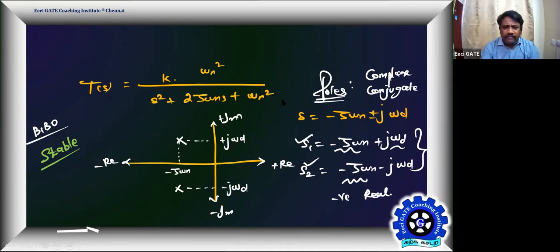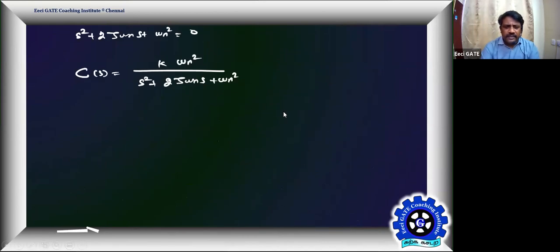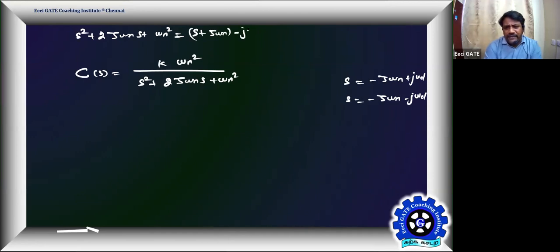Shall I write this in pole factor form? Equated to 0 gives two poles. The two poles are s equal to minus zeta omega n plus j omega d, and another pole is s equal to minus zeta omega n minus j omega d. Shall I write it in pole factor form as s plus zeta omega n minus j omega d is the first pole factor?